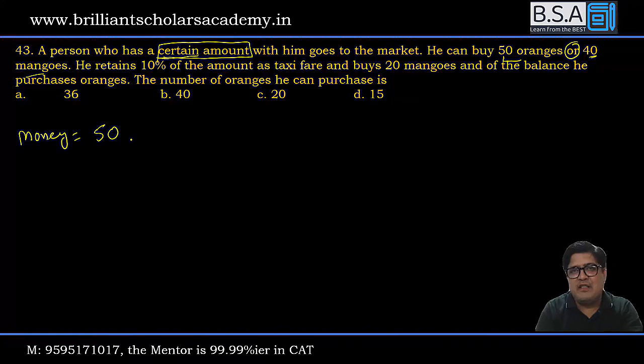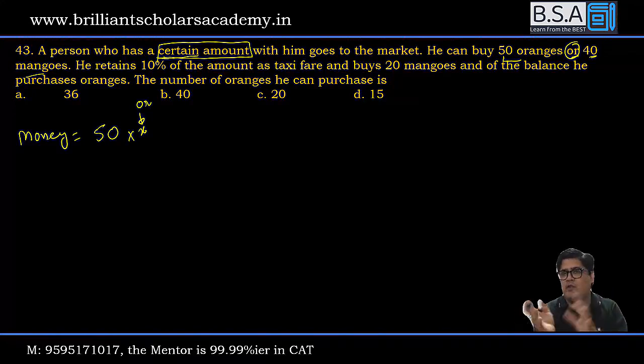Let us say the price of an orange is X, the rate of one orange. When you say or, it means either you get this or you get this, you can't get both. ये खरीदो या ये खरीदो, not both. So this money equal to 50 oranges is equal to 40 mangoes.